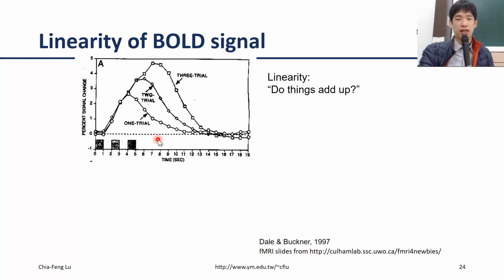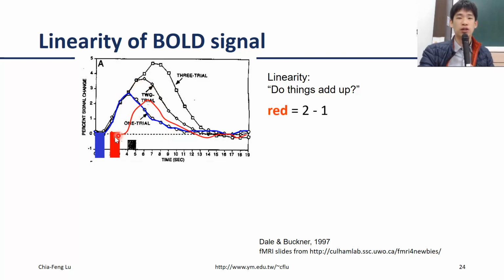How can we say that there is a good linearity? You can do the subtraction. For example, here is the first BOLD response. If you have two stimuli, you can use this second profile and subtract the first one from it. So you will acquire this curve.